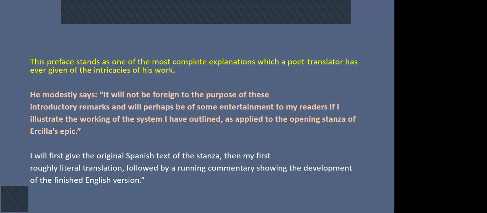So, as you notice here, this person invested so much time and effort in order to make this enjoyable in English. I will first give the original Spanish stanza, then my first roughly literal translation, followed by a running commentary showing the development of the final English version.